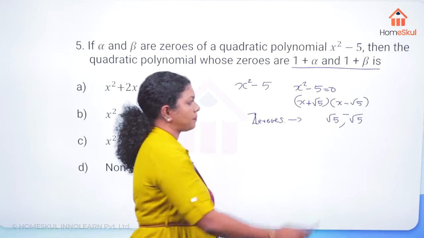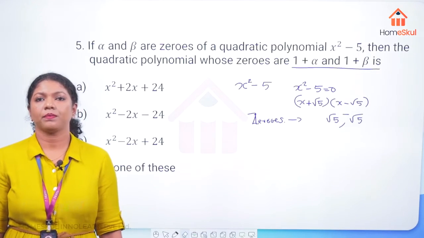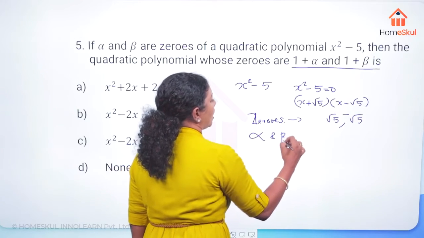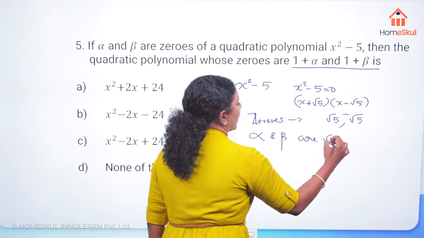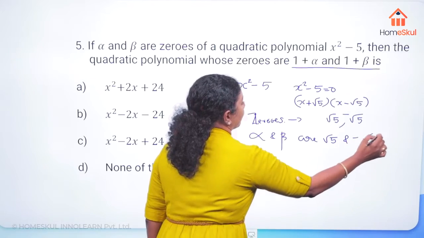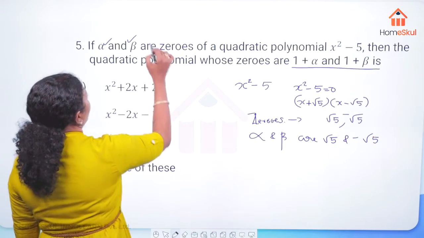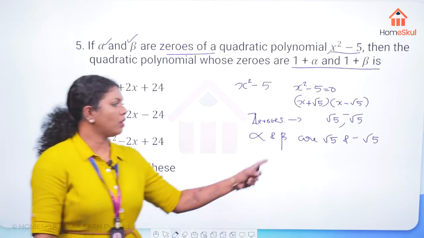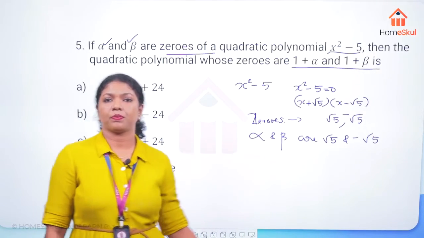Am I right? So the roots alpha and beta are root 5 and minus root 5. So we got what alpha is and what beta is.